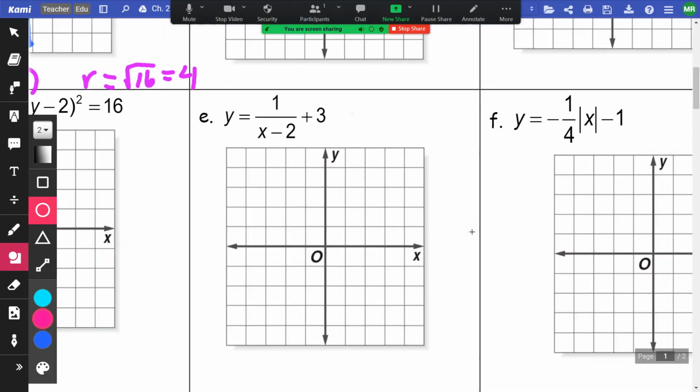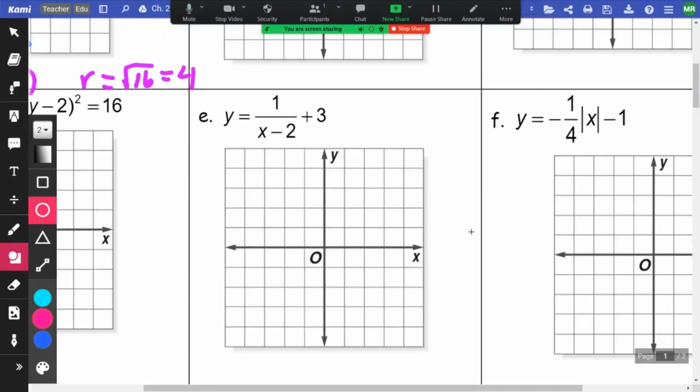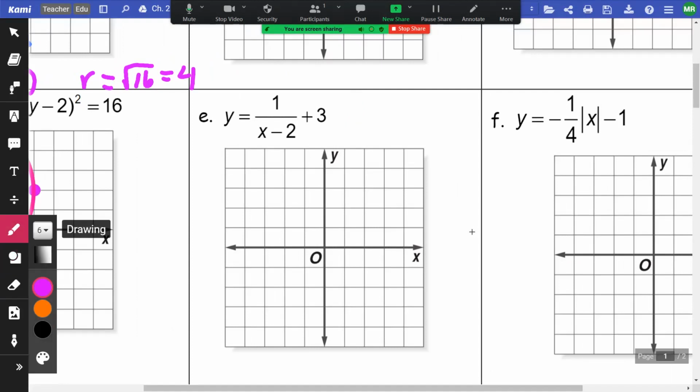On E, okay, this is the reciprocal function. And if I'm trying to think of a critical point or a locator point, I might say that it is 2 comma 3, but it's not, again, a point. That's where my two asymptotes are going to meet.